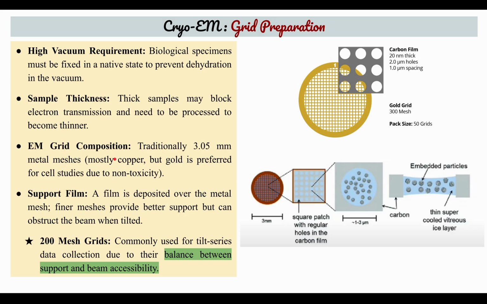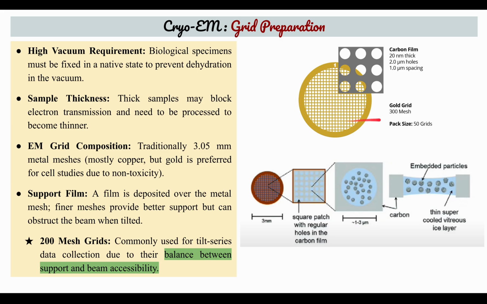Then comes EM grid composition, because ultimately we will put our sample onto this grid. Traditionally, it is a 3.05 millimeter metal mesh, mostly copper, but gold is preferred because copper can lead to copper poisoning or toxicity. So gold is generally preferred as a grid, and it has the mesh.